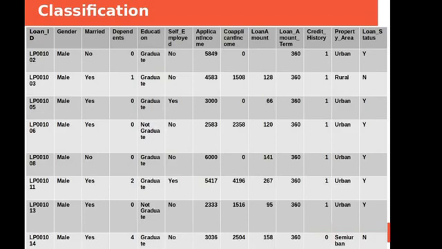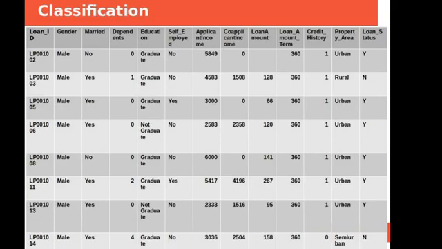So you already have some existing records, and using those records you will pick up some attributes or maybe all attributes, and you will predict the loan status. You will be using this a priori information to guide or train your model, so that whenever a new record comes, the model will be able to classify whether this particular person should be given the loan or not.